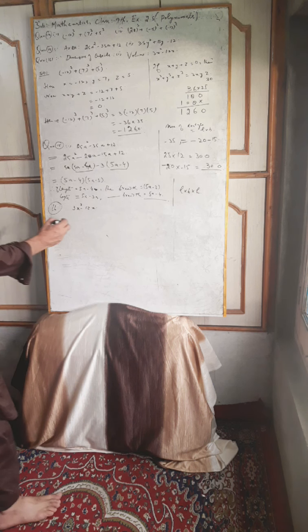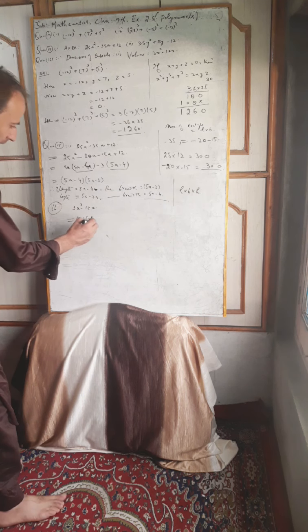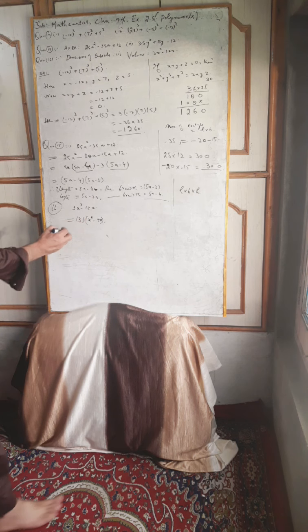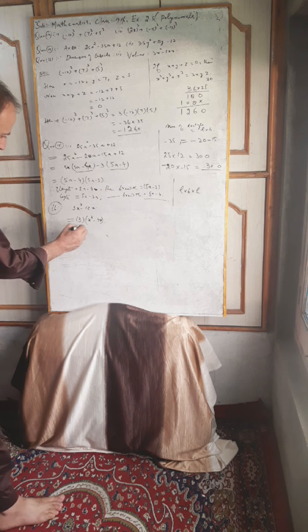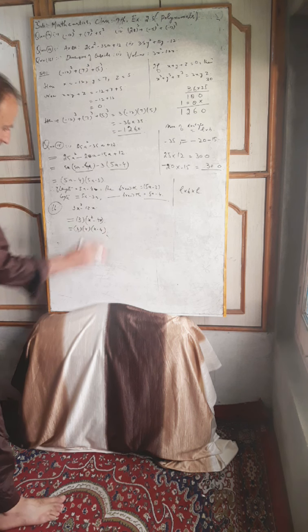First of all, we take 3 common here: 3 into x square minus 4x. Again, we can take x common. It is 3 into x into x minus 4.